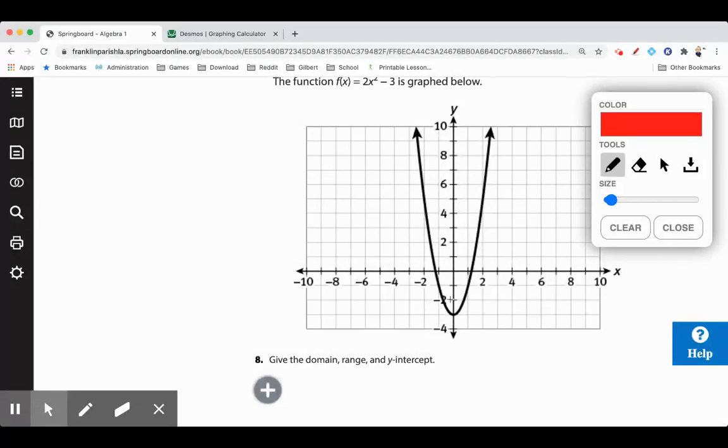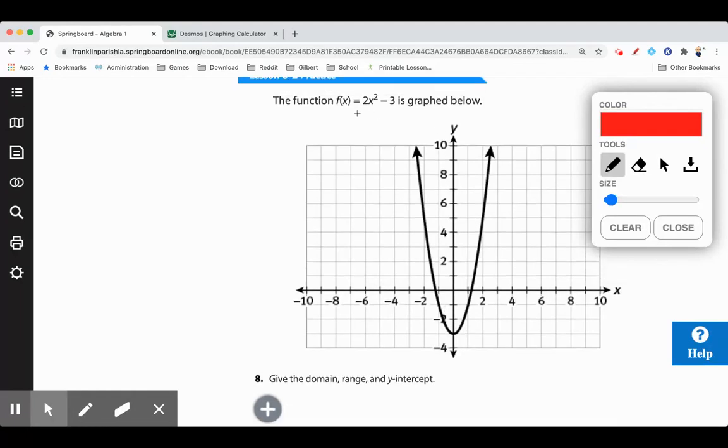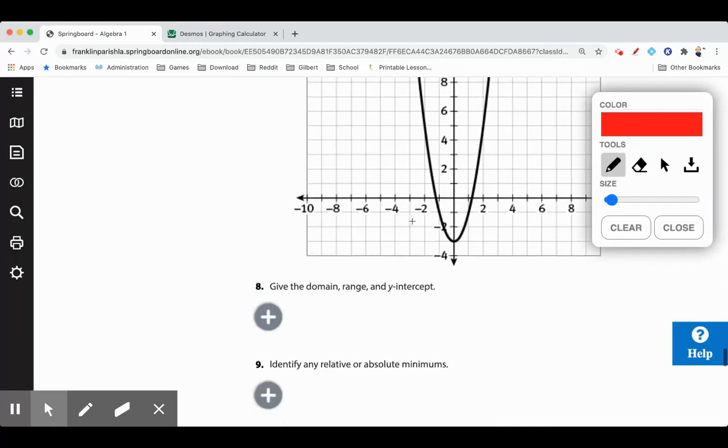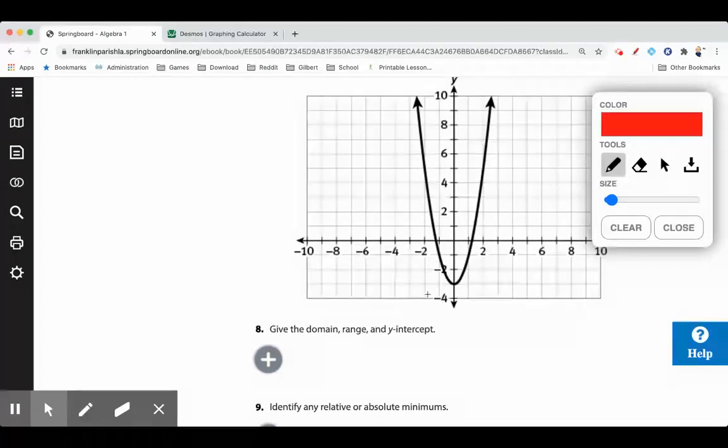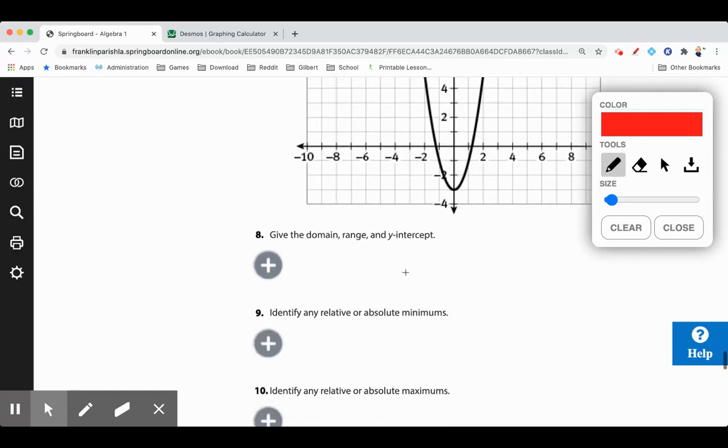Y-intercept, where does it cross the y-axis when x is equal to 0? So you could just plug 0 in for x in this equation and work it out and see what the y-intercept is going to be. Relative minimums, there is a relative and absolute minimum, so just look at it and find out what that is.